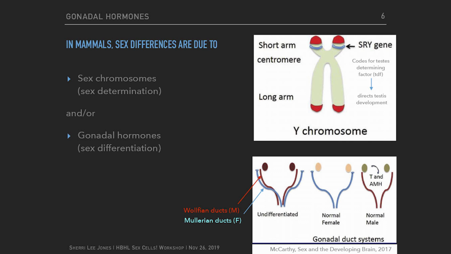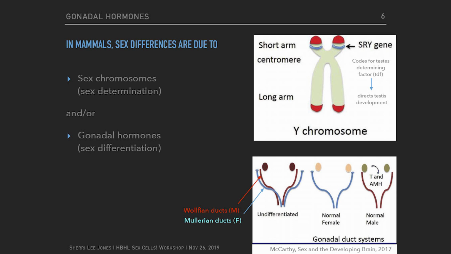And what that does is it causes the Wolffian ducts to be maintained, and it causes the degeneration of the Mullerian ducts, which are like the female system. The anti-Mullerian hormone causes the degradation of the Mullerian ducts. And so that's how you get differentiation.